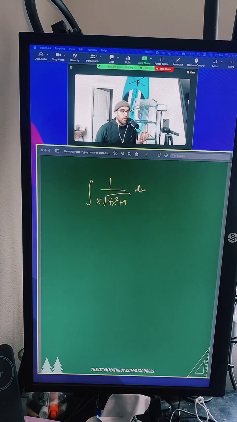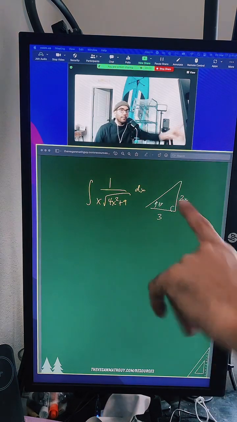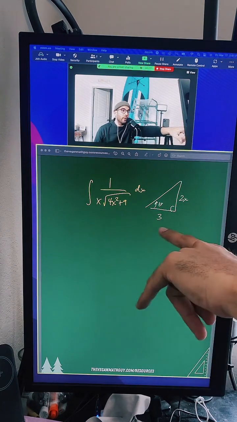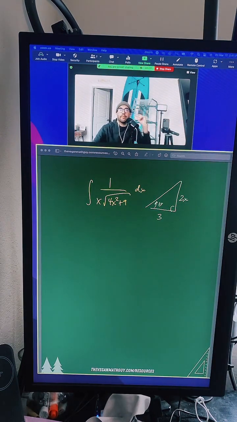It's funny, we just talked about this. Things are being added together here, so I'm going to make my triangle, and it's going to be an arctan. So 2x is on my opposite, and 3 is on my adjacent, because when I square this it's 4x squared, and when I square the 3 it's 9. Using the Pythagorean theorem, the hypotenuse is root 4x squared plus 9.